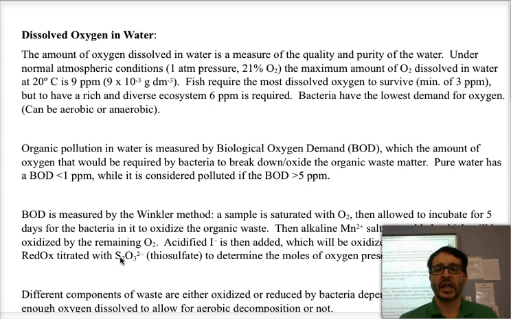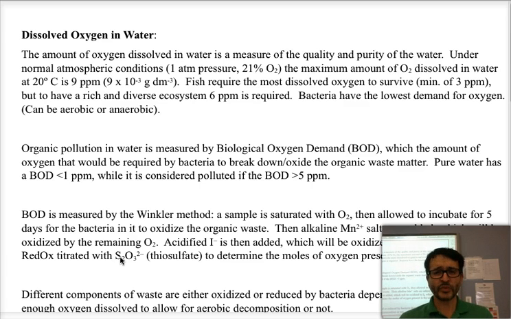Anything less than 1 ppm of oxygen would mean that the water is nice and clean. Anything greater than 5 ppm is considered to be polluted.